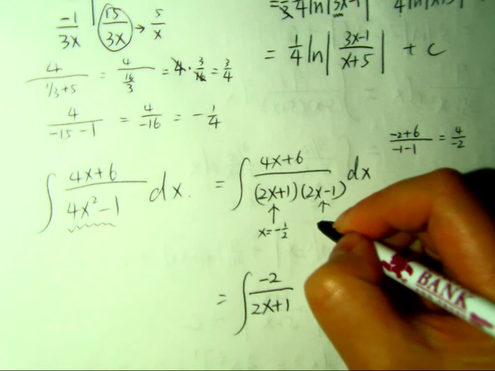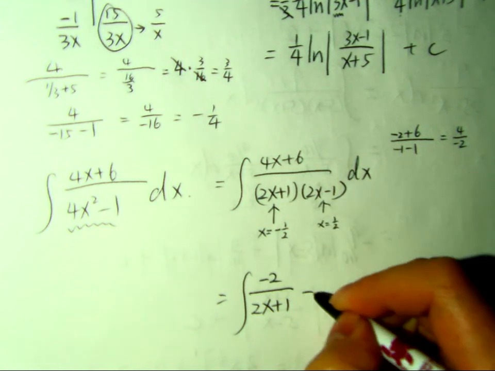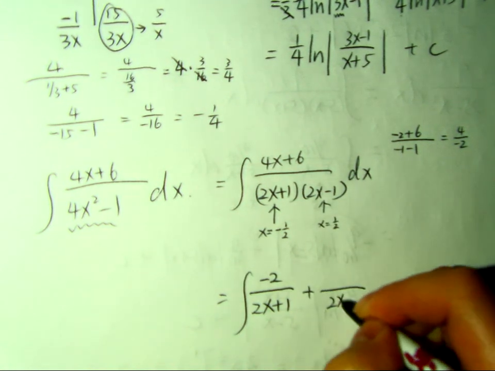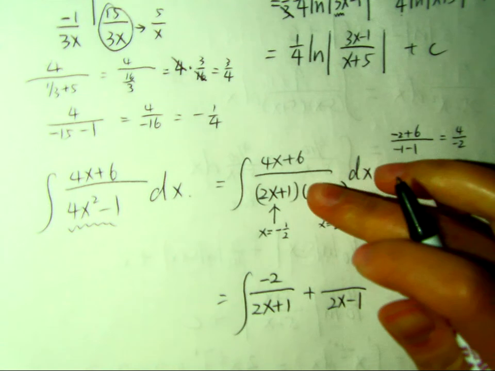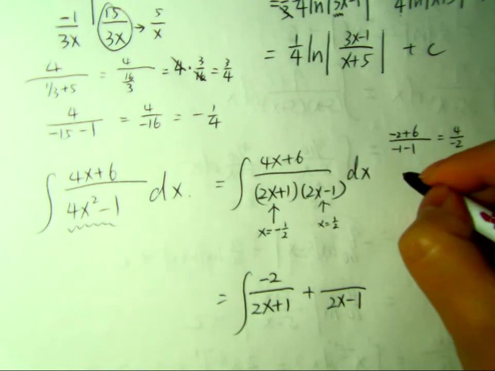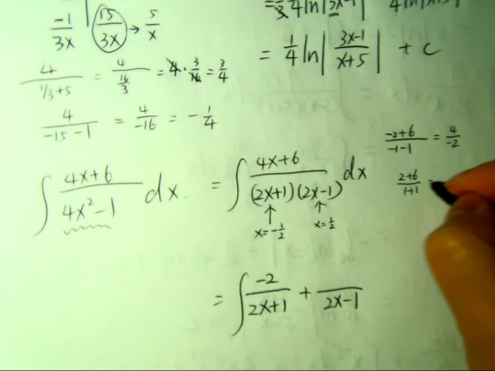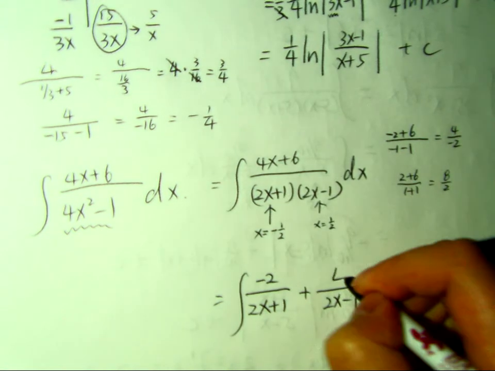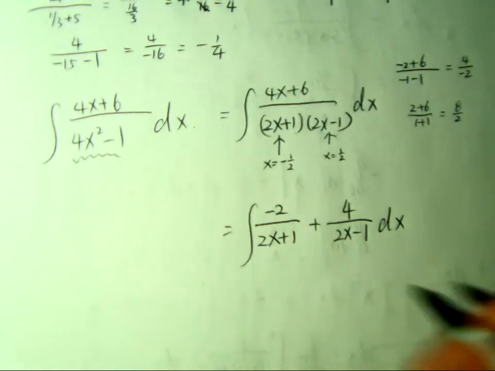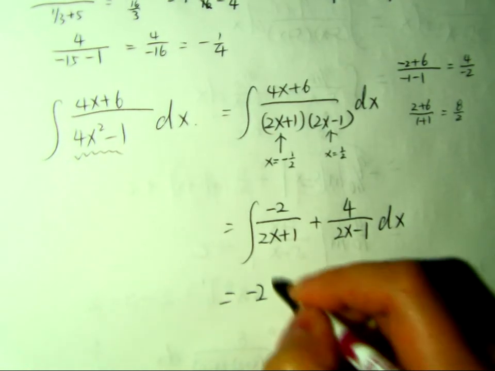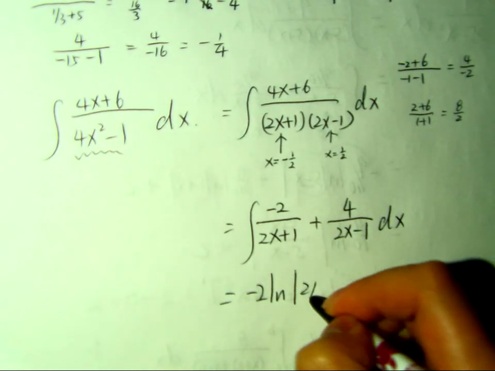And for this one, x is 1/2. So by plugging in 1/2, by covering this, it'll be 2 plus 6 over 1 plus 1. So 8 over 2, which is 4. And for the first one, negative 2 natural log of 2x plus 1.